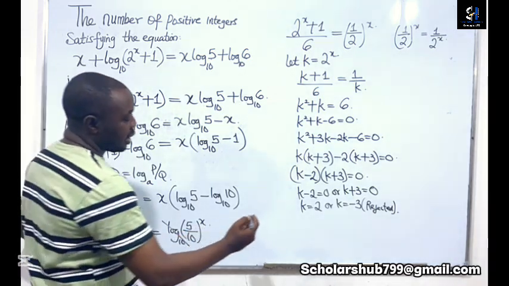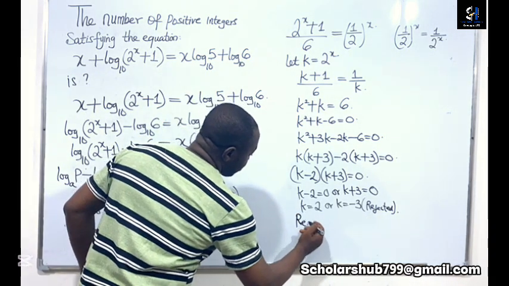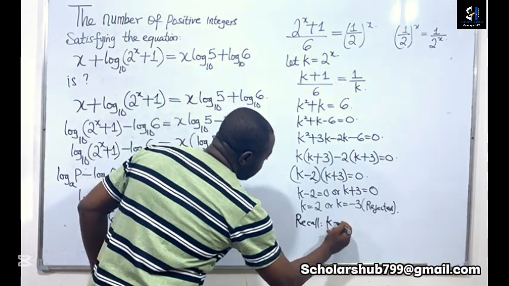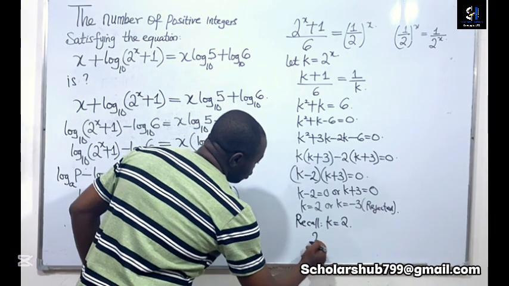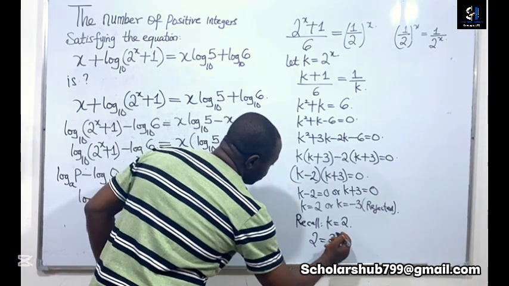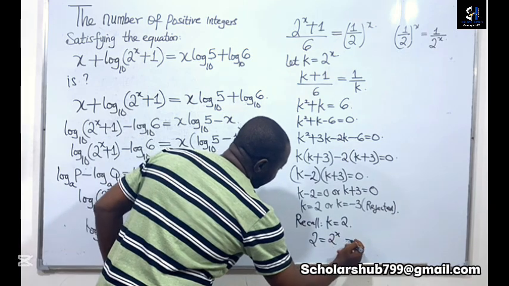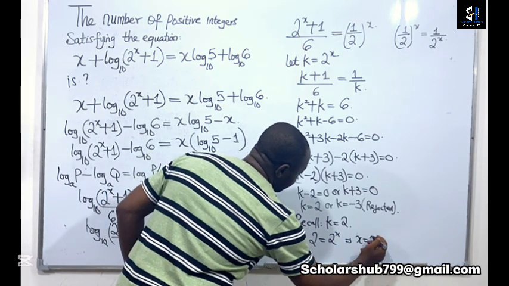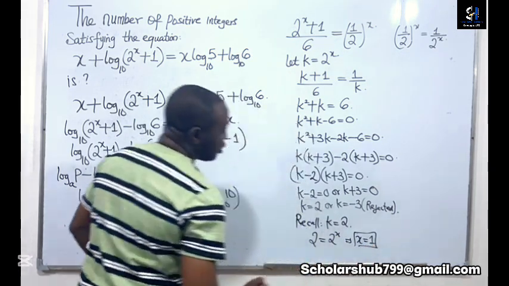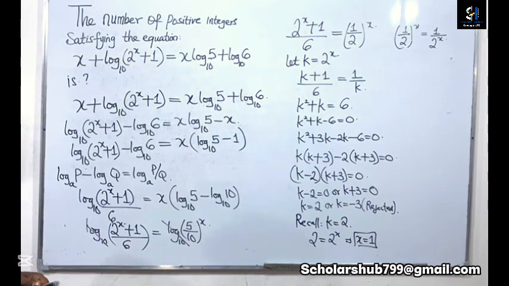Let's find out. Recall from here that because k is equal to 2, then 2 will be equal to 2 raised to the power of x. So it means that x will be equal to 1. So the number of positive integers satisfying the equation will be 1.